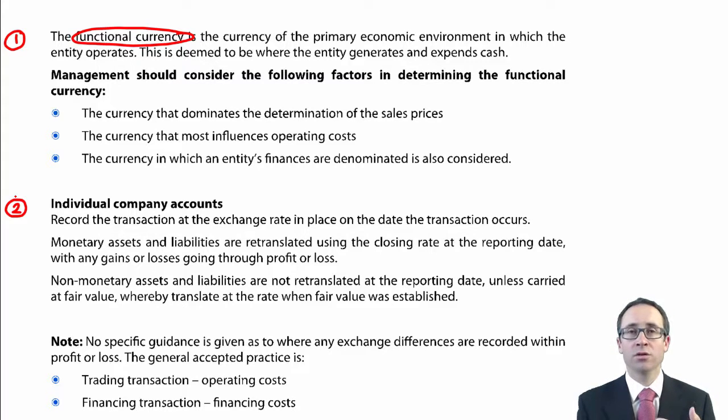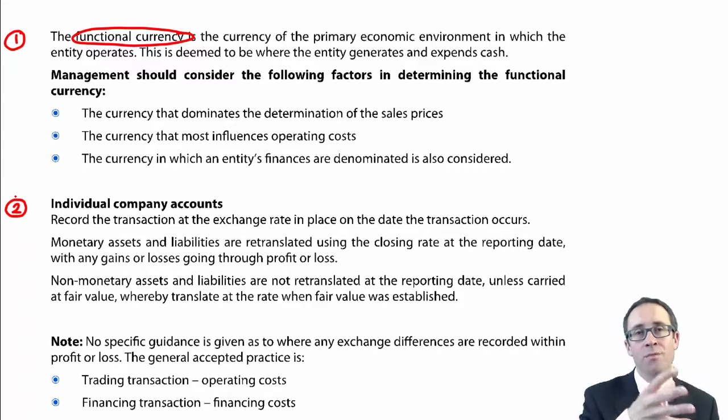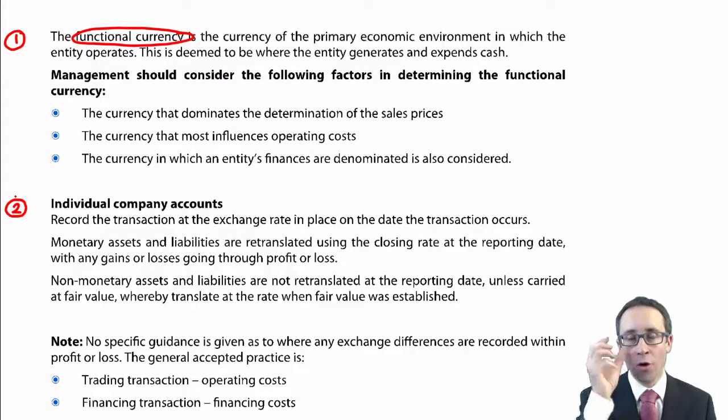So if I had a functional currency of the pound sterling and I entered into a credit sale with a company in Germany and that invoice was raised in euros, I would need to convert those euros into pound sterling before I then record the transaction, which I said was a credit sale. So debit the receivables and credit sales. So it's all about being able to translate the overseas transactions into that functional currency. Happy with that? That's it.